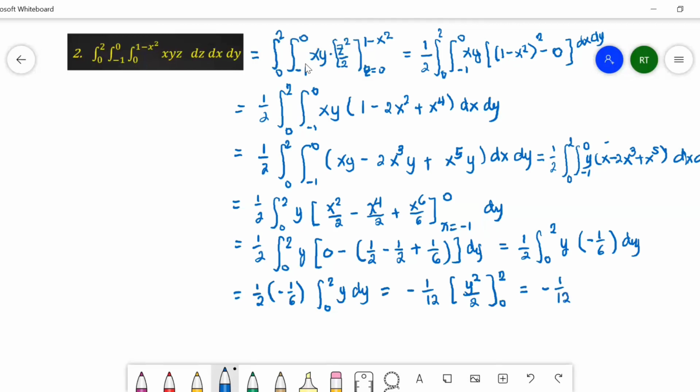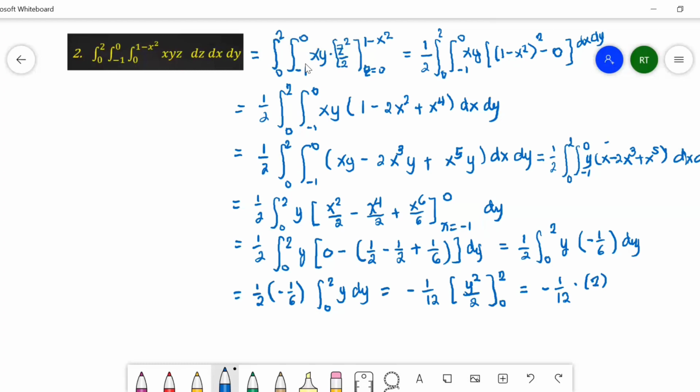When y is equal to 2, then it will give us 4 at the upper limit 2. So 2 squared is 4. 4 over 2 is 2. So we will just multiply this by 2 since when y is equal to 0, y squared is 0.